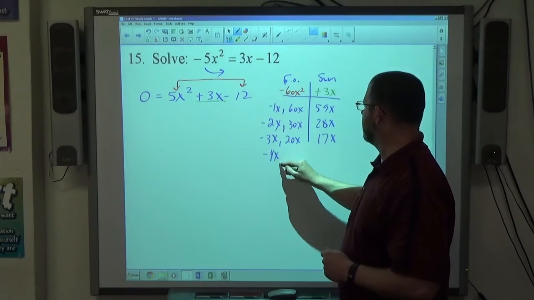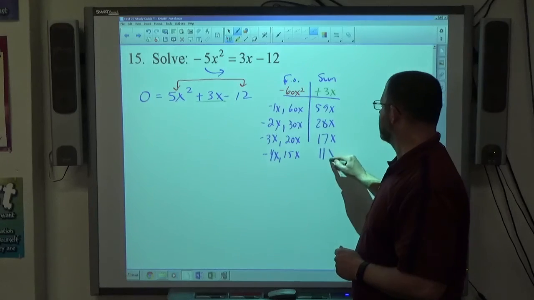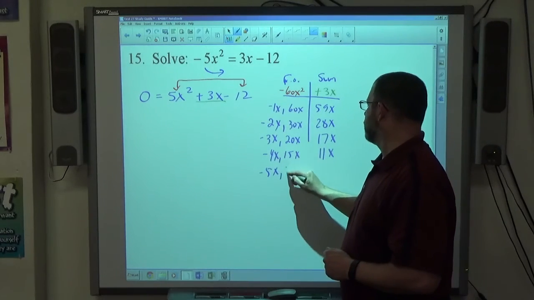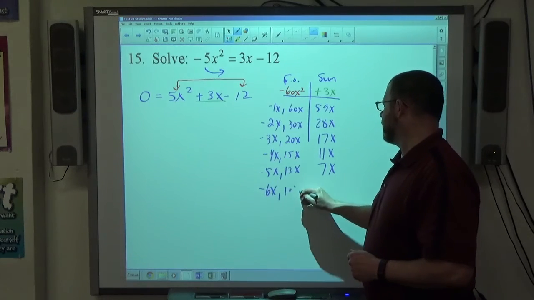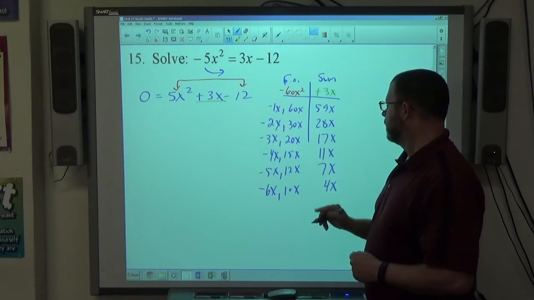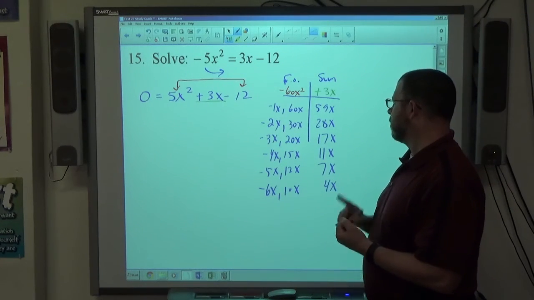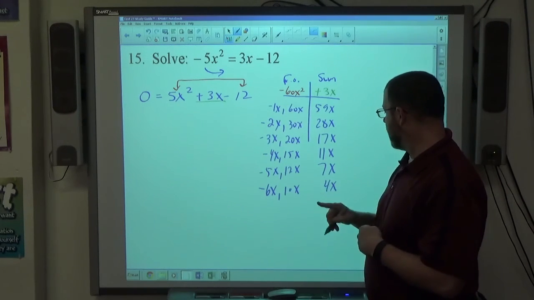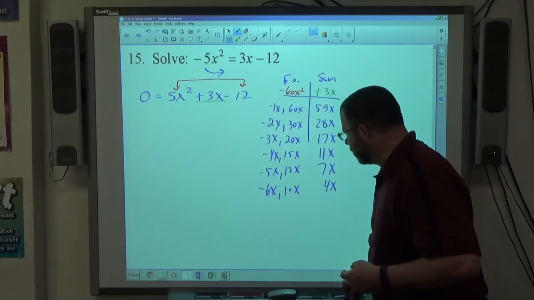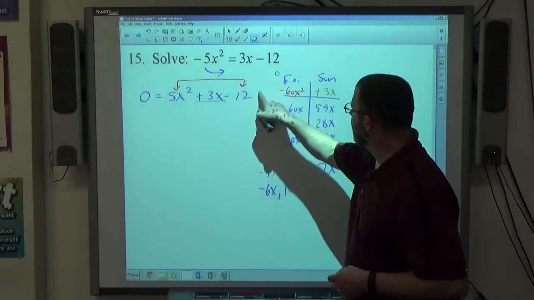Negative 4x and 15x is 11x. Negative 5x and 12x is 7x. Negative 6x and 10x is 4x. 7 doesn't go into 60, 8 doesn't go into 60, 9 doesn't go into 60, and 10 has already been taken care of. So it doesn't factor, so we do have to go to the quadratic formula.